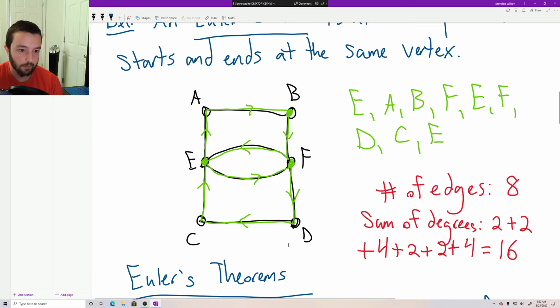This was our only circuit. So I started at E, and then I go to A, then I went to B, then I went to F. Now I went back to E. I don't know if we really ever run into this problem in this one, actually, because I think we can always go any direction.